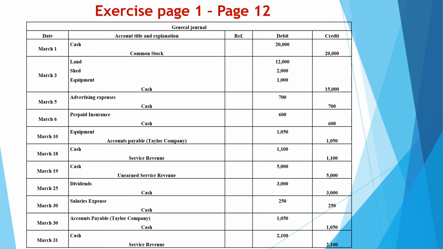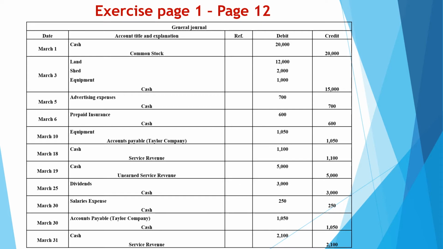On March 19, received $5,000 cash from customers for services expected to be completed by the end of the current quarter. On this date, we received 5,000 from a customer in cash, so the cash would increase. On the other hand, this cash is received from customers for services not completed yet.